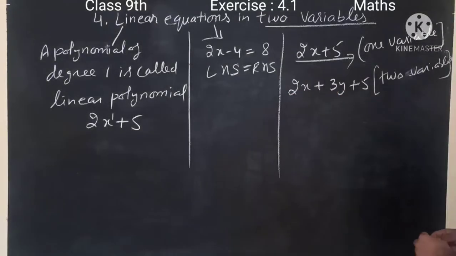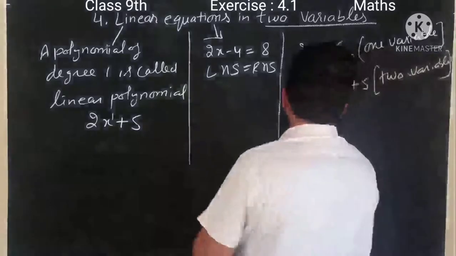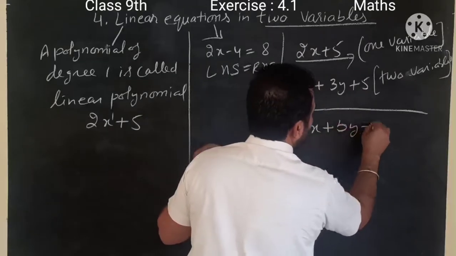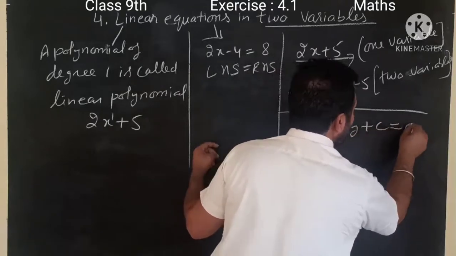Now, what is the general form of a linear equation in two variables? That is ax plus by plus c equal to 0.